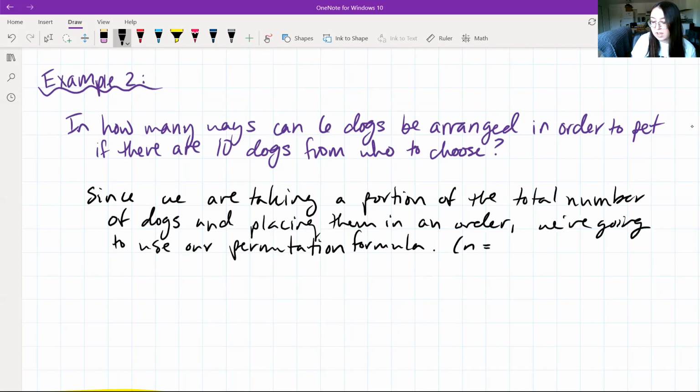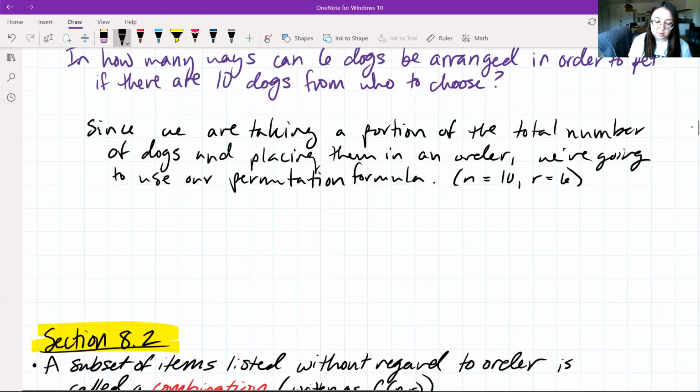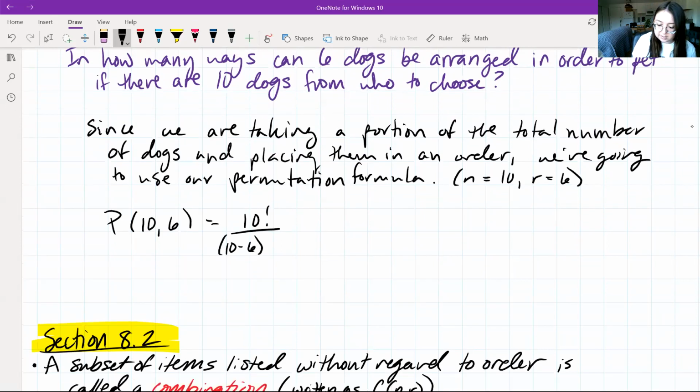We see there that n is going to be equal to 10 and r is going to be equal to 6. Then when we put this together, we get our permutation of 10 comma 6 is equal to 10 factorial divided by 10 minus 6 factorial. Then we have 10 factorial divided by 4 factorial. You can just use a calculator to calculate this, or we can write it out.